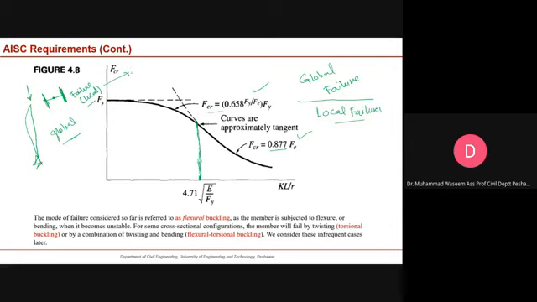It can fail in localized stability in torsion, or in flexure, or in a combination of flexure and torsion. So we also have to check for local failure.